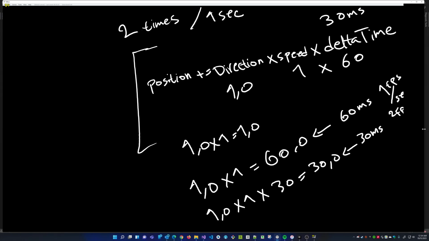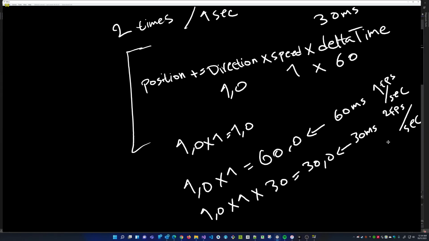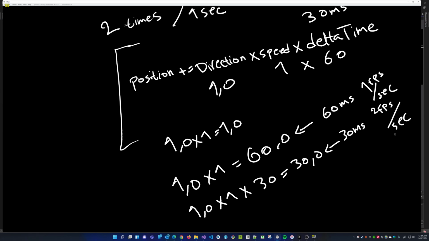So that means in 1 second, notice now, in 1 second, I have moved the same amount of distance. At 1 frame per second, I moved 60 units. In 2 frames, I moved 30 units in a single frame. So 30, you need to multiply it by 2, and you get 60.